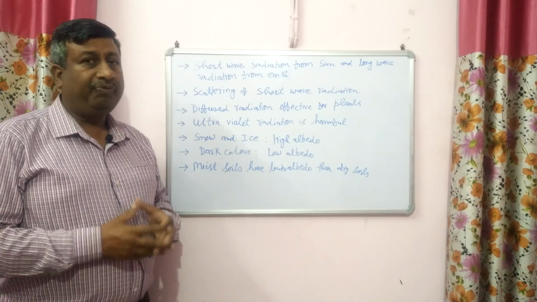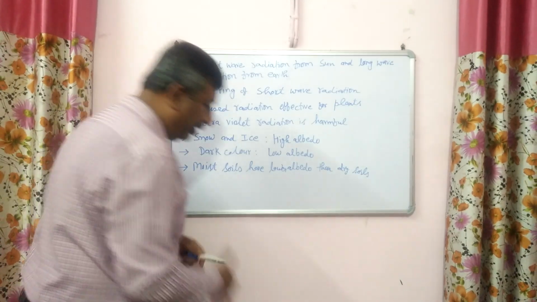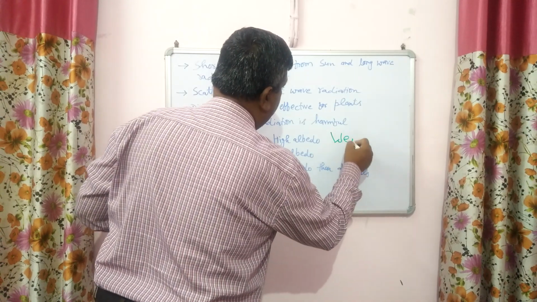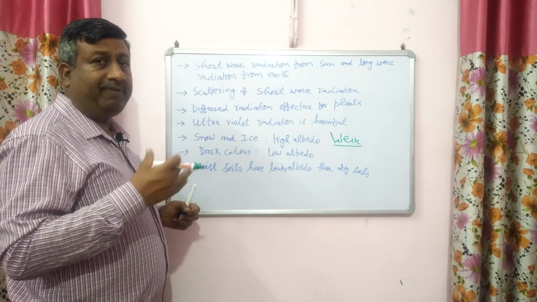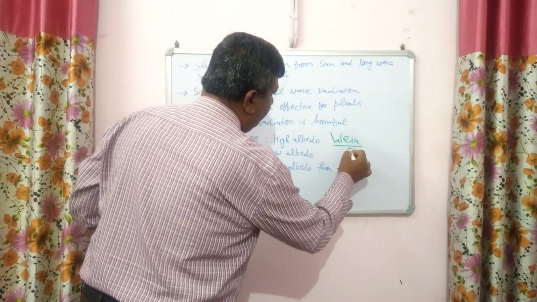So according to Wien's law, Wien was a scientist, as the temperature increases, the wavelength decreases. So there is an inverse relationship with the wavelength.